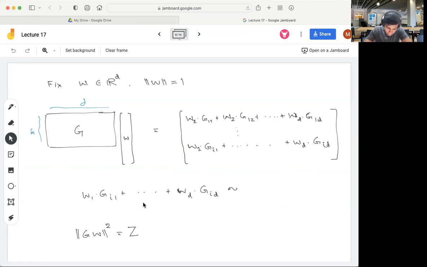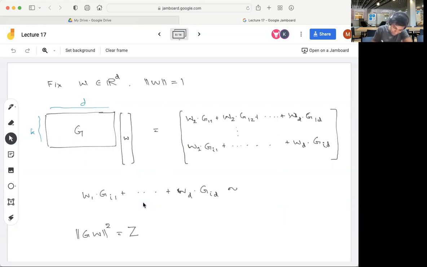Any suggestions, or can someone tell me what this random variable corresponding to a single entry, the ith entry in this vector, looks like? Normal with zero mean, norm of w... Gaussian.